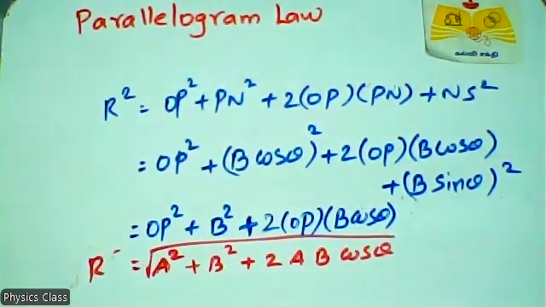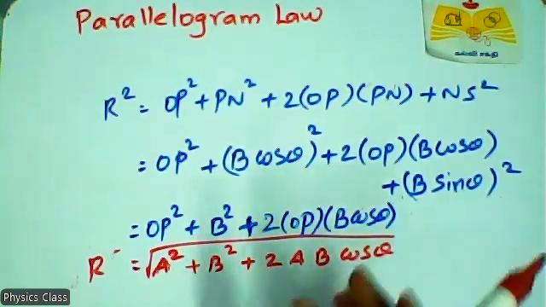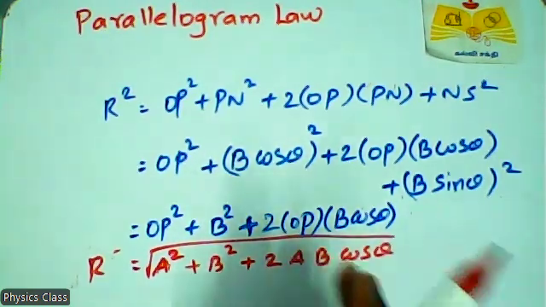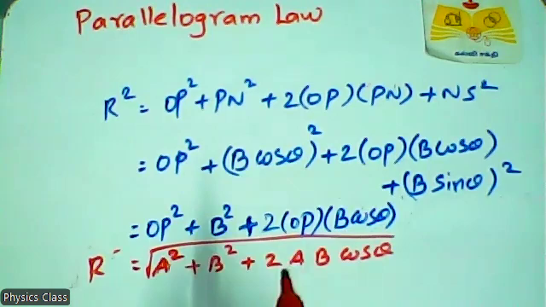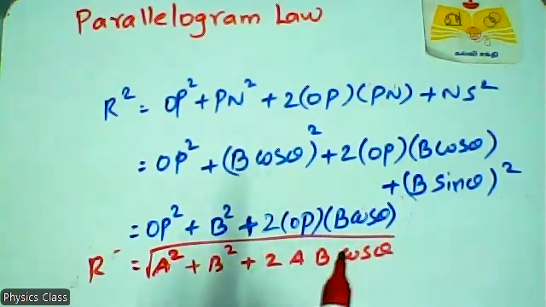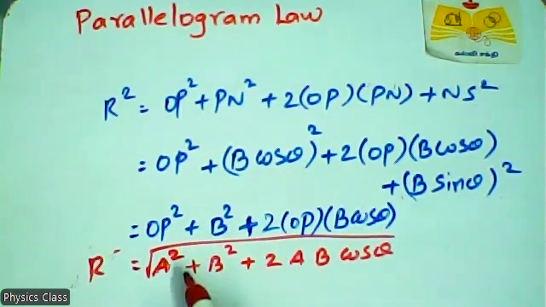So R is equal to the root of A square plus B square plus 2AB cos theta, which is the equation to find the value of the resultant vector for A and B. We draw one line along the diagonal passing through that same point, and that is the resultant of these two vectors. Clear? This is the magnitude.